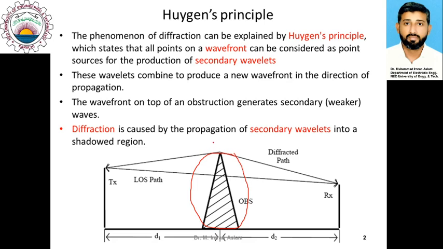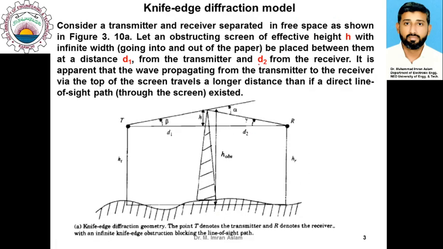But practically it is not possible to model each type of physical environment, because the physical obstruction can be of any shape or any dimensions. So the most common model is known as the knife edge diffraction model, where we model the diffraction by a knife edge, which is illustrated here.